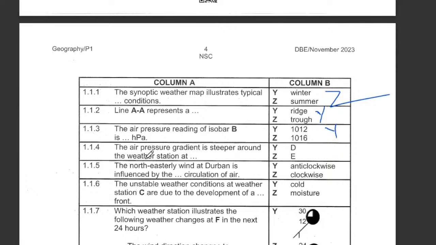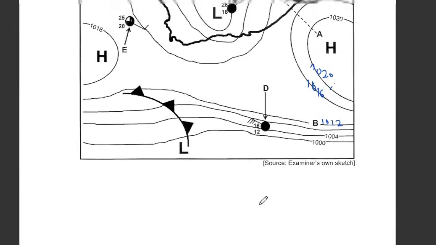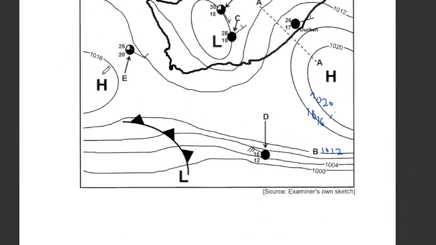Next one, the air pressure is deeper around which station model? Is it at D or E? You come here, this is here. But when you look at here, it's a warm sector. When you look at the gradient here, the speed of the wind is indicating itself on the station model.